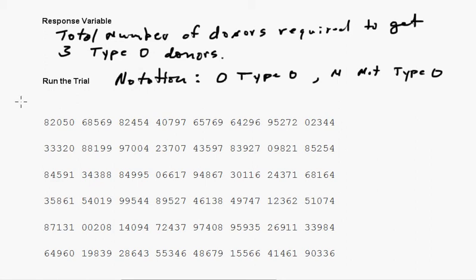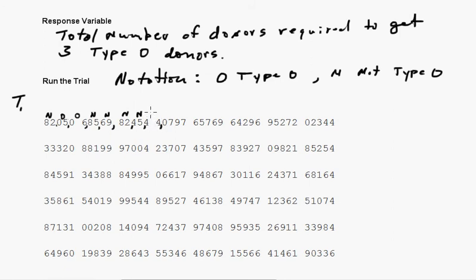Okay, so let's do some trials and see what happens. Trial 1: we're going to 43, so this would be N, and then 5 would be type O, and then 6 would be type O, and then 85 would be not, and 69 would be not, 82 would be not, 45 would still be not, 43 is the cutoff.